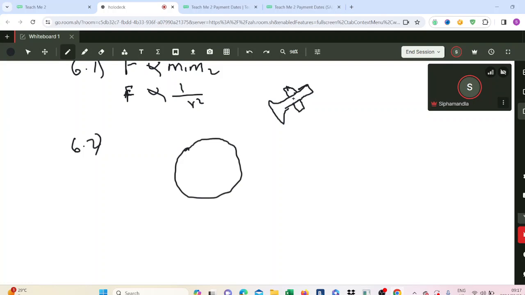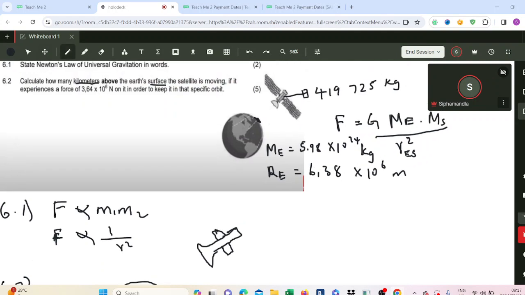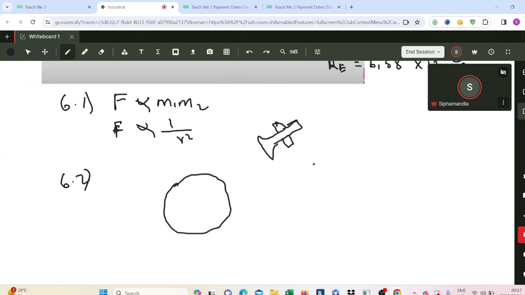That means that to get the distance, this r, you need to start from the center of each body, so from the center of this object and also from the center of the earth. That is very important. But what they want is the distance from the satellite to the surface of the earth. So that is h, I'll call this h.